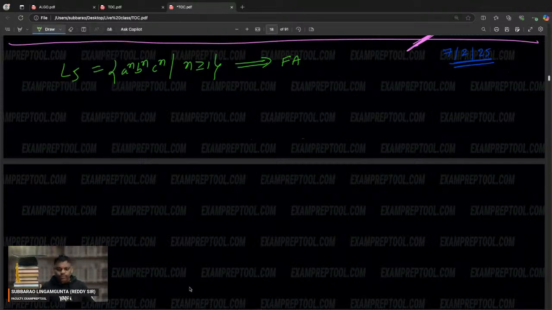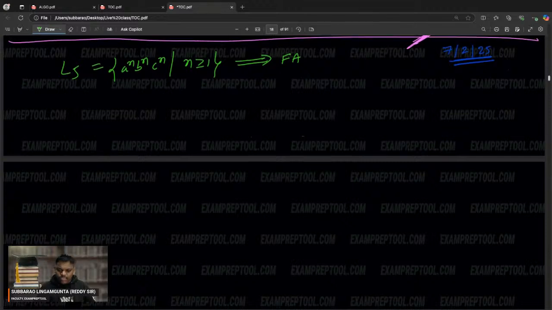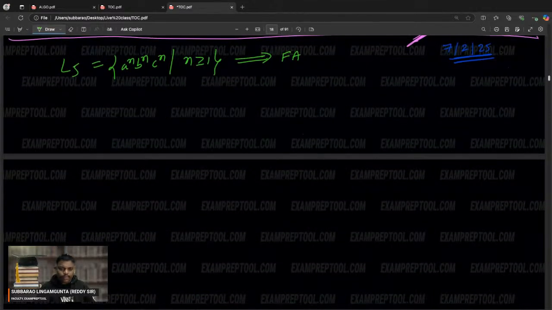Yeah, this is the homework which I gave. How many people have done this? Let me know. Finite automata is not possible. What about PDA?